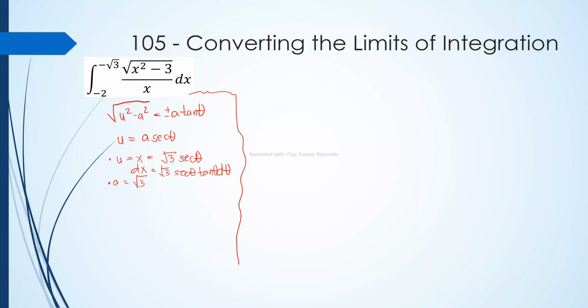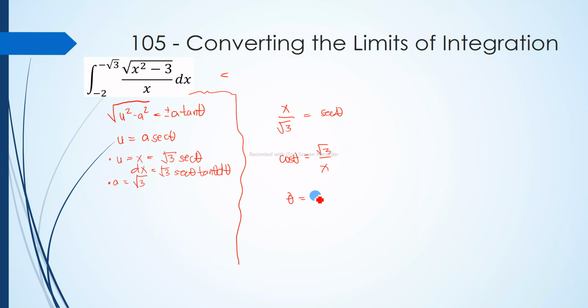Okay, let's proceed. First we need to determine the lower and the upper limit in theta. So we have x over square root of 3 is equal to secant theta, or cosine theta is equal to square root of 3 over x.